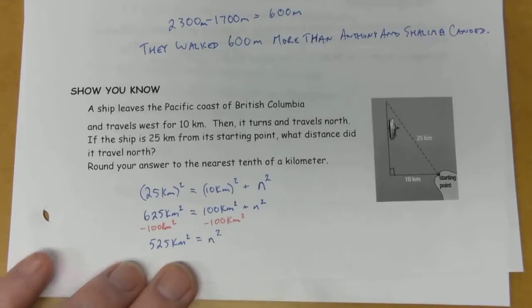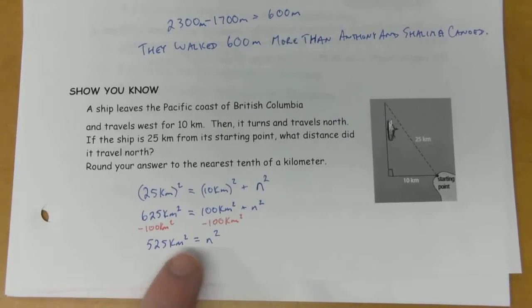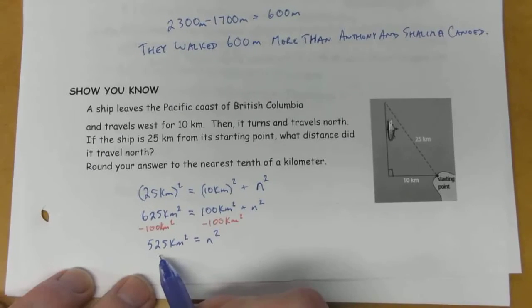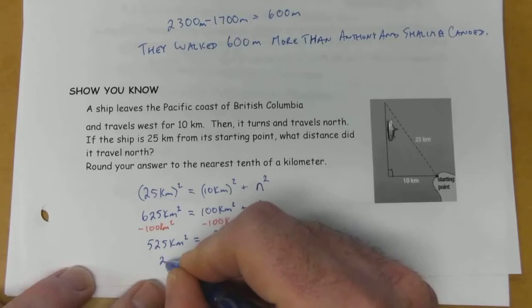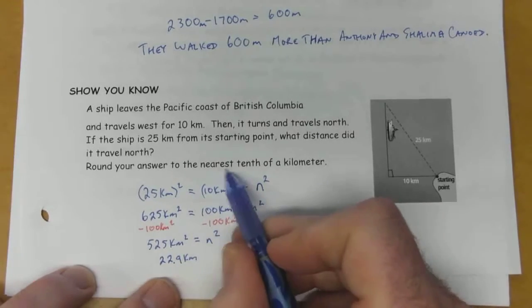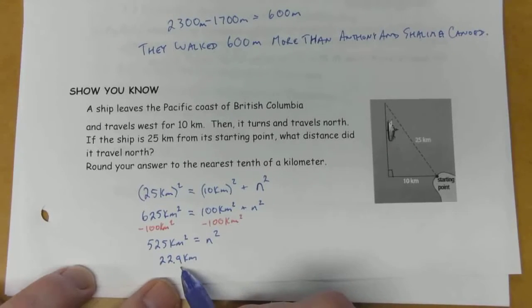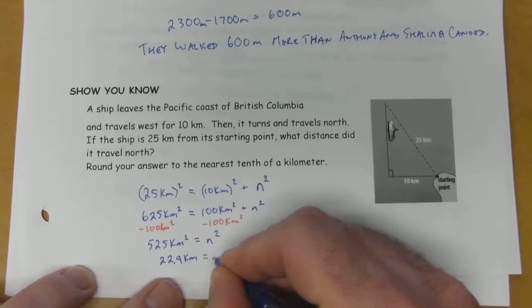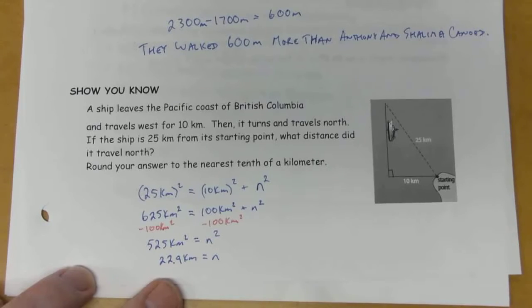Then, in order to figure out what n is, you need to take the square root of both sides. So the square root of 525 kilometers squared is 22.9 kilometers. And we're going for the nearest tenth. So that's the number we're looking for. So that is the solution.